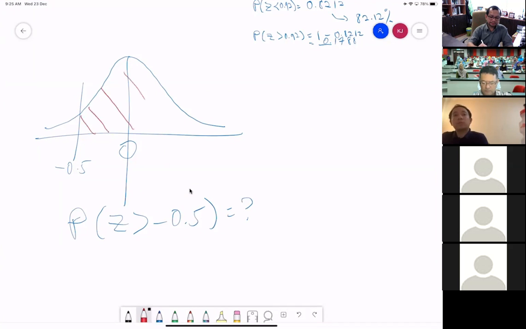We want to know this area. So the total area is 1. Actually, I can read from another table, the minus table, so it straight away gives me the answer. But let's standardize this because I think you have been too long out of school, so I don't want to make you confused. So 0.5, how do we get this?